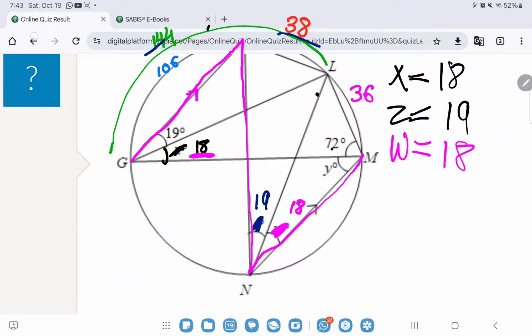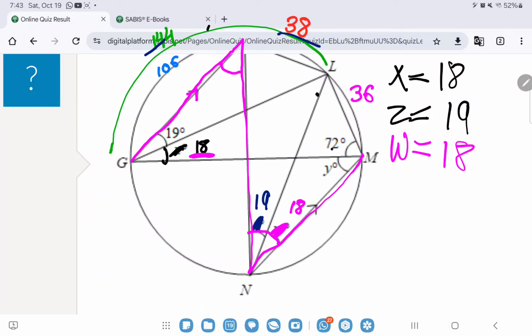So if this angle here, we found this angle, but yeah, they're alternate interior. So this angle is congruent to this angle.